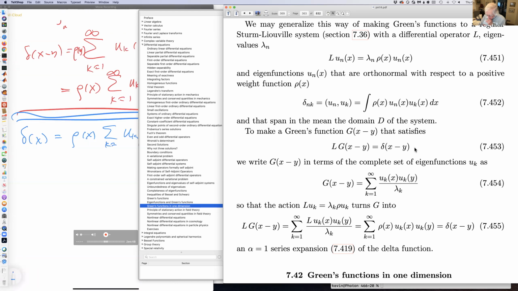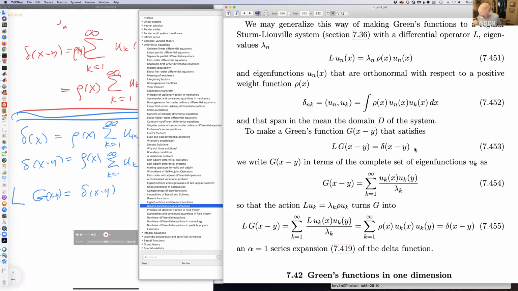K equals 1 to infinity, so delta of x minus y is rho of x, it could be rho of y, and then we'd have uk of x, uk of y. And so what we want is L on G to be delta.